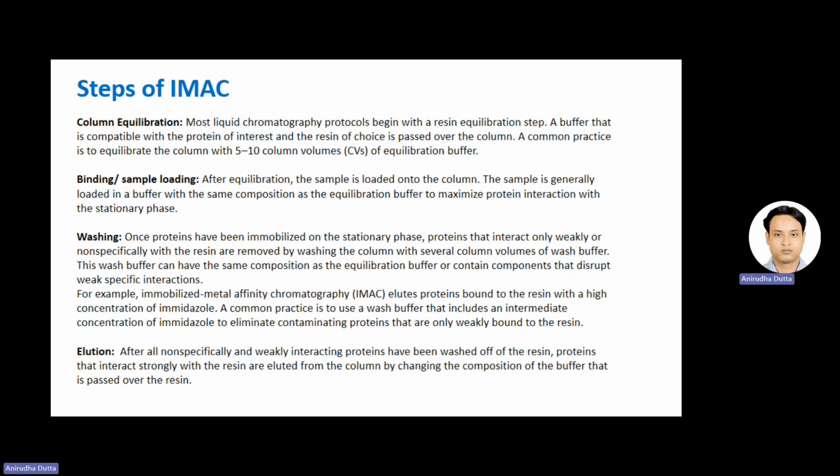Only in the elution step, whatever comes through the column, we are going to collect, because that's the protein of our interest. In this step, all the protein that was bound to the column strongly, that is all the His-tag protein, is going to come out of the column. As I already mentioned, for this elution purpose we use imidazole. So an increasing concentration of imidazole would elute His-tag protein from the nickel IMAC matrix.